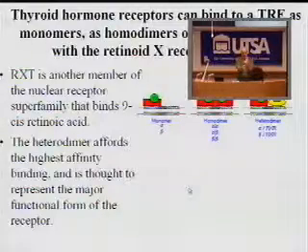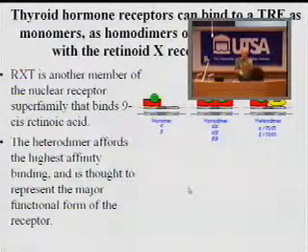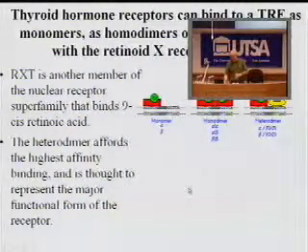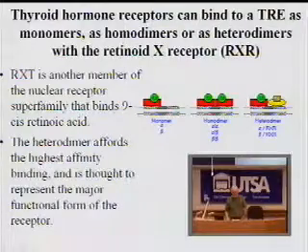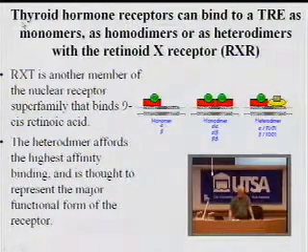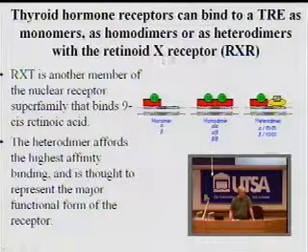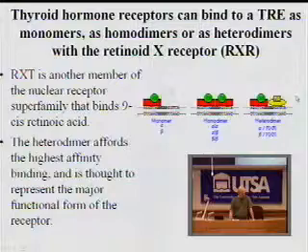This creates that opportunity to get in there and have access to these sequences of nucleotides such that you can have stoichiometry appropriate for specificity and selectivity. The thyroid hormone receptors can bind to TRE as monomers, as homodimers, or as heterodimers with the retinoid X receptor, or RXR. We see these illustrations here.